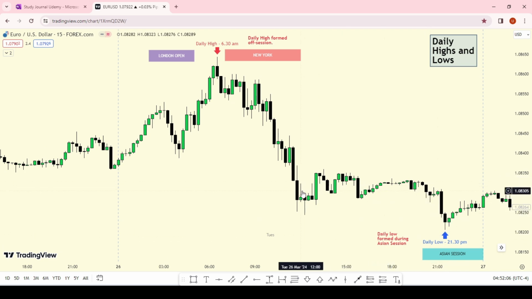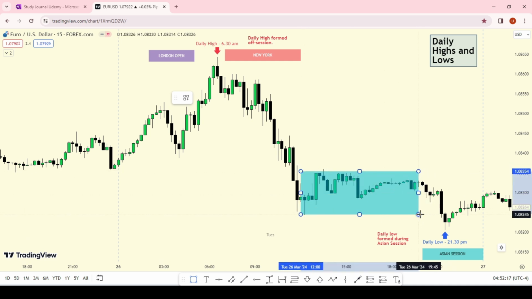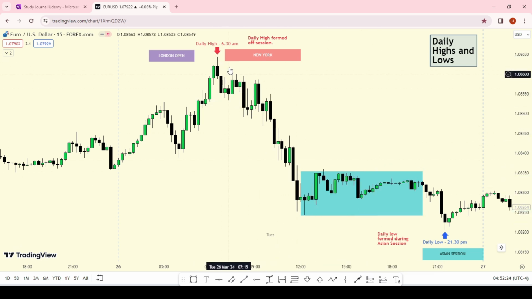Between 12 p.m. and just before 8, we got into a consolidation. This is the range between 12 and 8, and you can see majority of the move within that day has occurred during New York session. During London we got a rally, then in New York session we got that drop creating that low, and then Asian also continued the rally slightly.